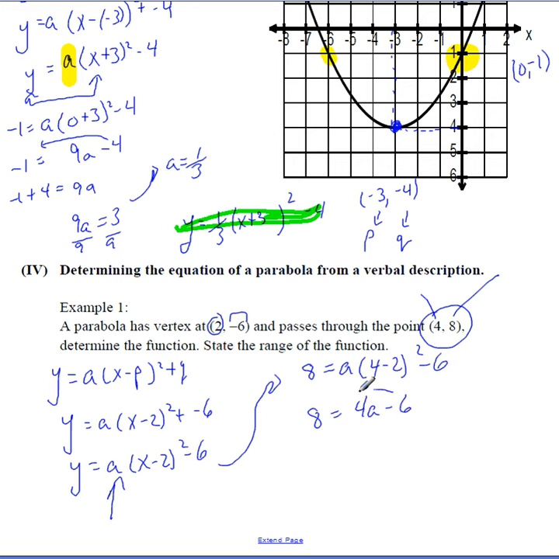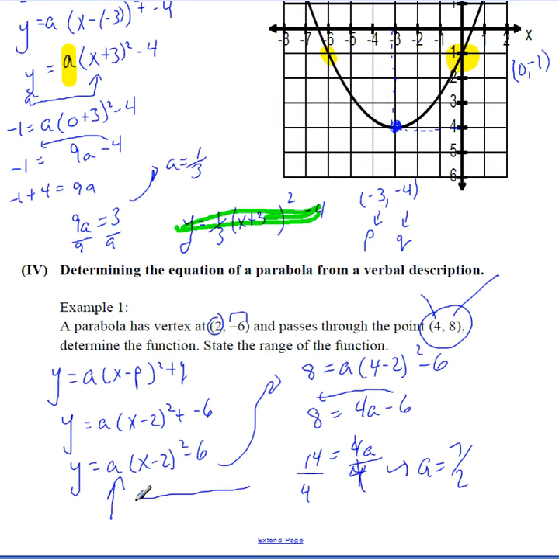I'm going to bring this 6 over. So it's going to be 14. Now divide both sides by 4. Oops. So, and then it will cancel here, leaving you with a equals 14 divided by 2, or 7 over 2.